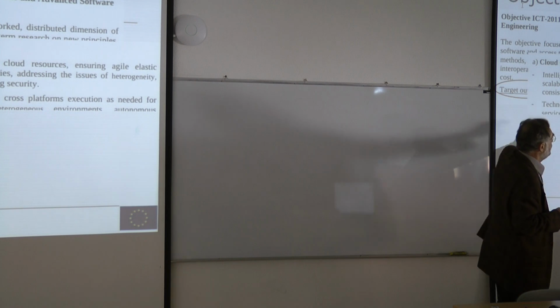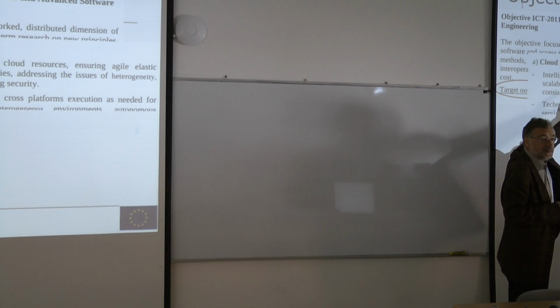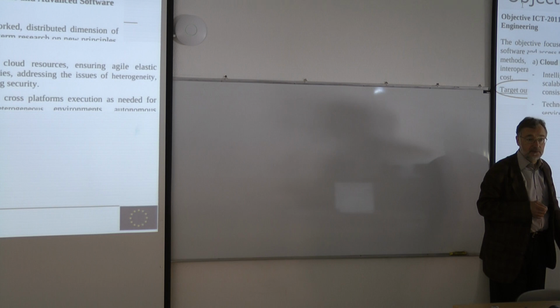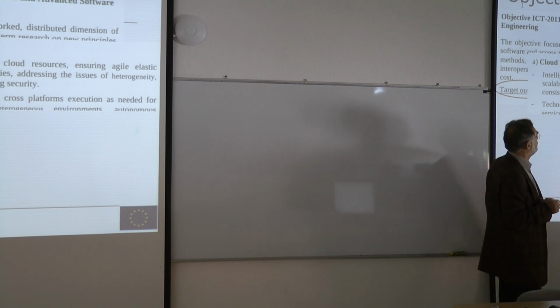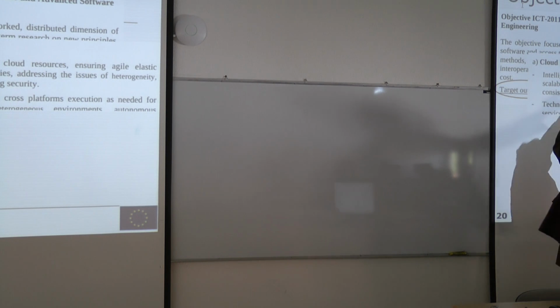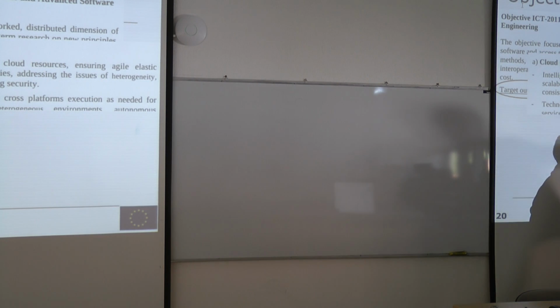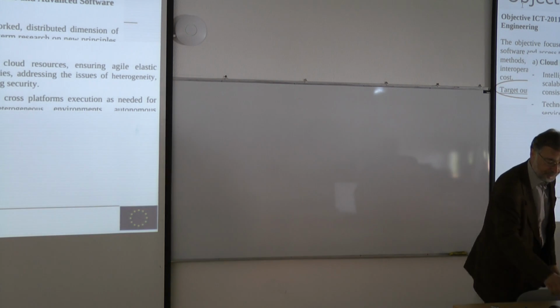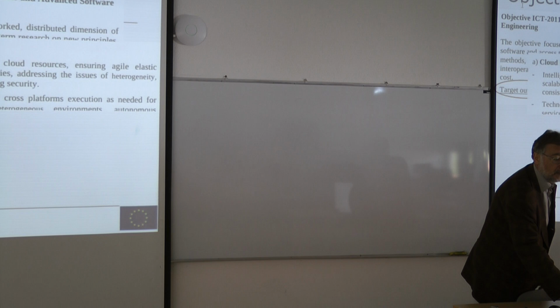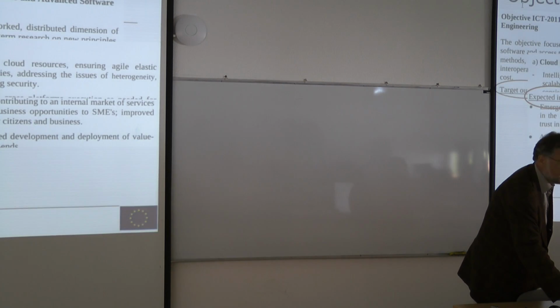You see also from the words that this is not simple technical speak, that it is something that you need to think about. What, for example, does autonomic mean, what does agile, elastic scalability mean, and so on. So this is the way these target outcomes are described.